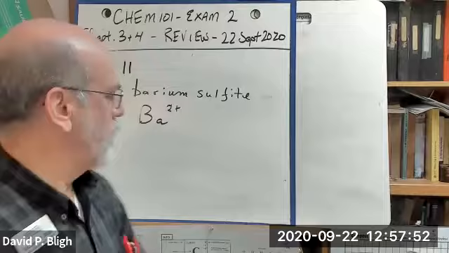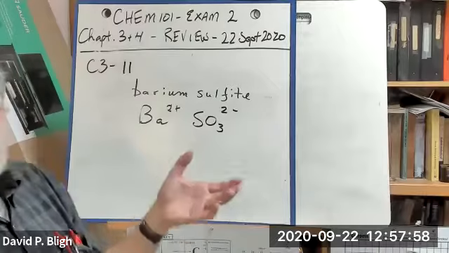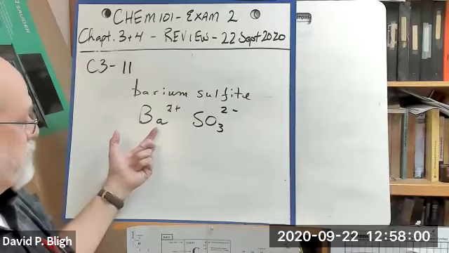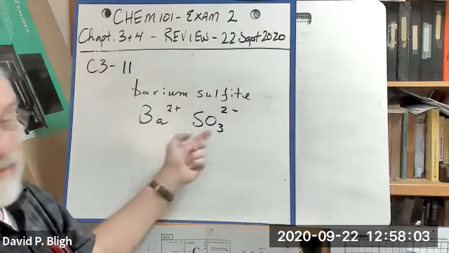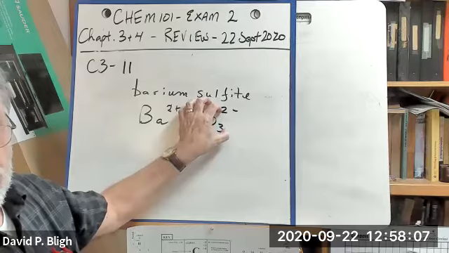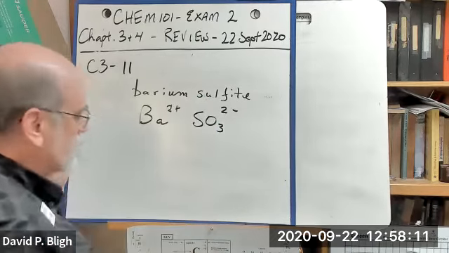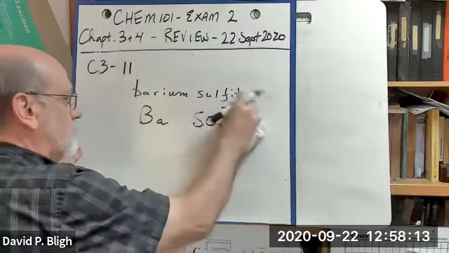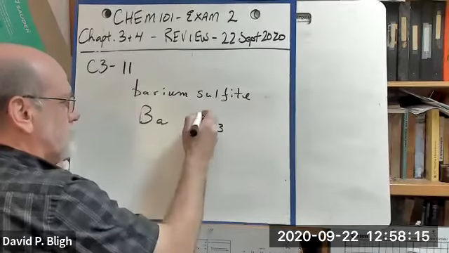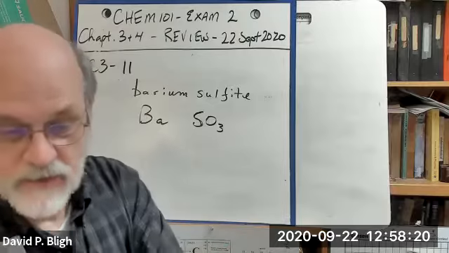Is it SO3? And what's its charge? -2. Okay. So we've got this species with a 2+ and that species with a 2-, because the 2- is spread over the entire group. You got 1 of each. That's all you need. So our formula is just that. Just those 2. Now we can answer the question.